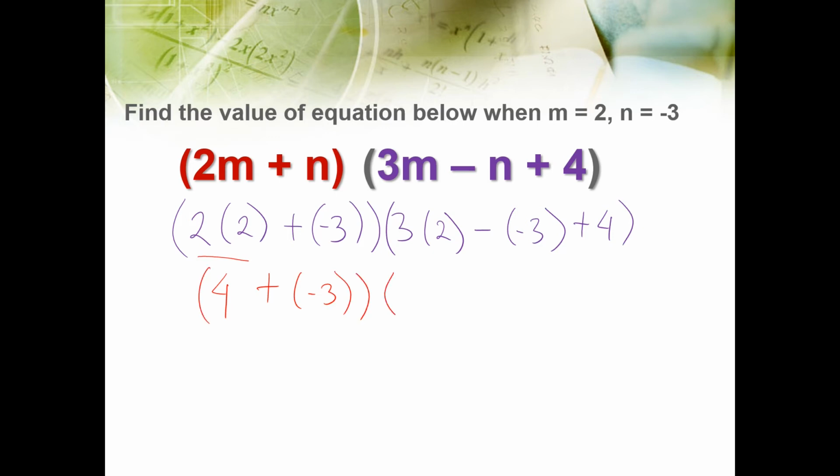Continue with 3 times 2 equals 6. Remember, minus times minus, yes, equals positive. Negative multiplied by negative equals a positive number.